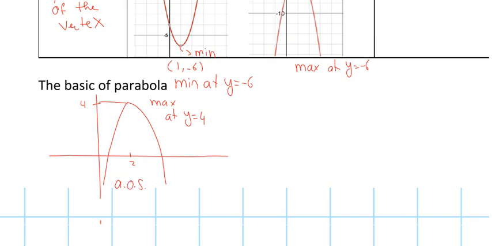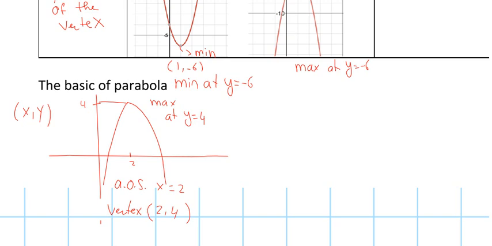What would be your vertex? The other way around. 2, 4. Remember alphabetical order, guys. X, Y. A, B, C, D, E, F, G. X, Y, Z. Okay?